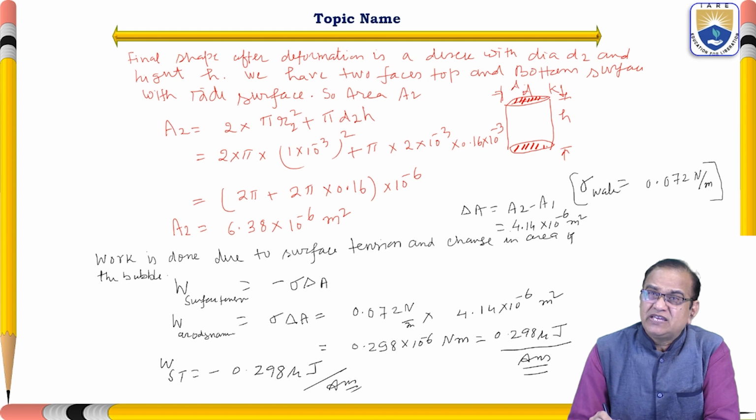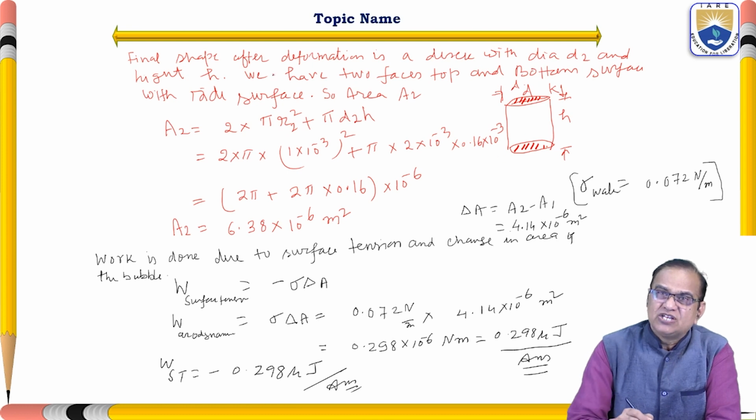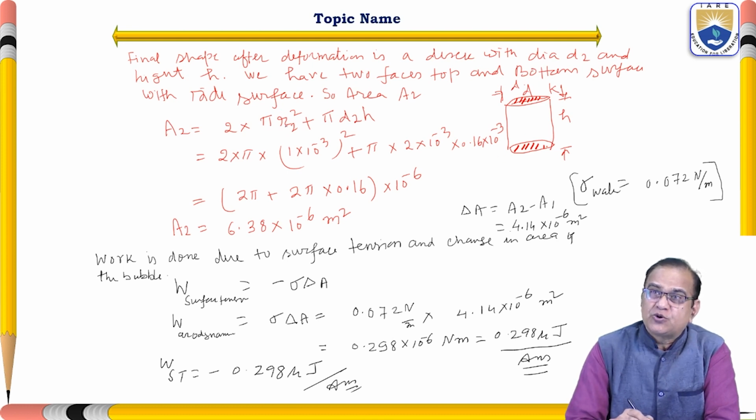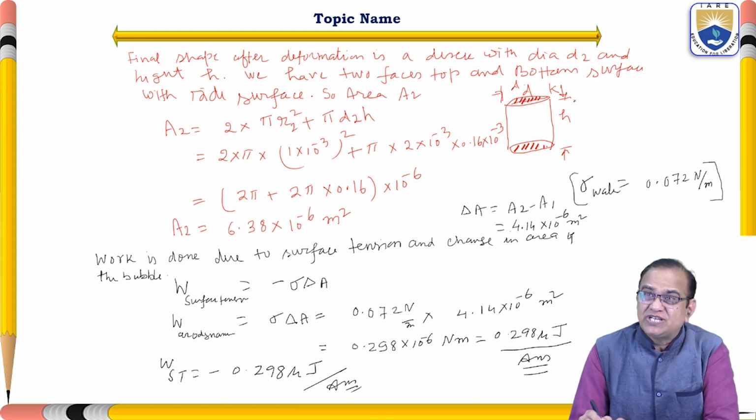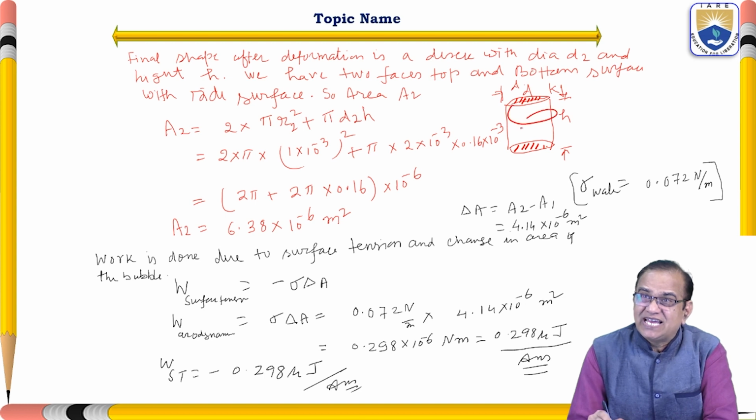Each face is pi r square, so 2 into pi r2 square, plus the side surface, pi d2 into h. This is the height.